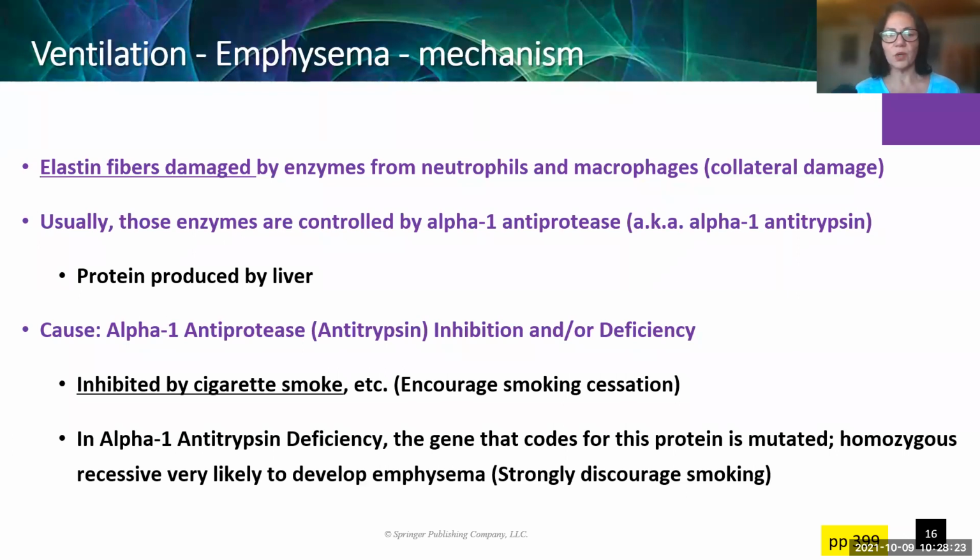And patients who are homozygous recessive with that mutation are very likely to develop emphysema, even in the absence of cigarette smoking, not to mention how bad it would be with smoking. So these patients should be strongly discouraged from ever picking up the habit. And they might know that they have this genetic disorder if somebody in their family has it.